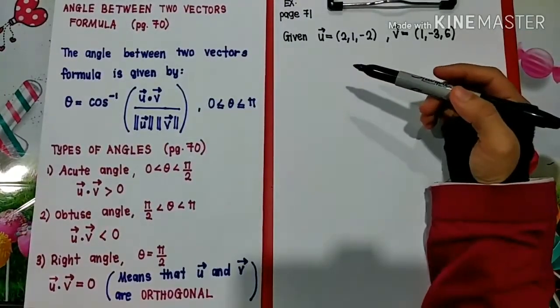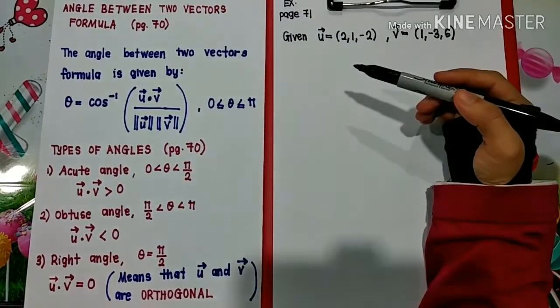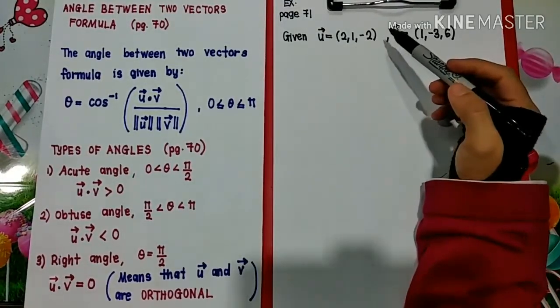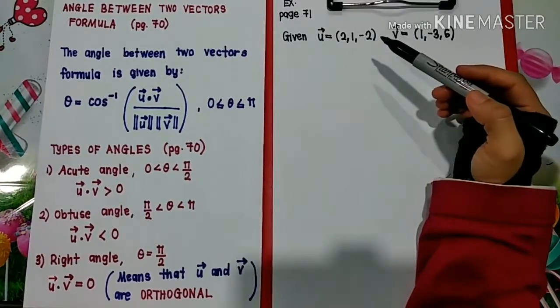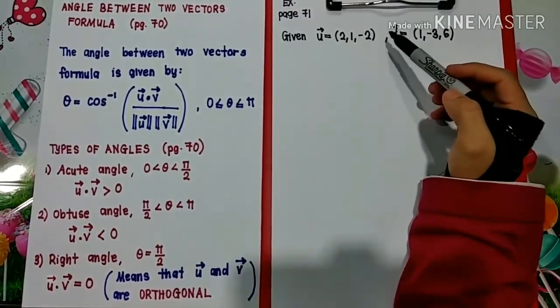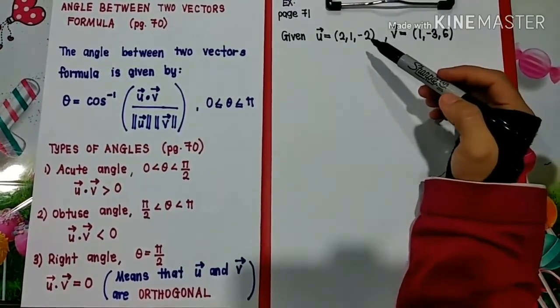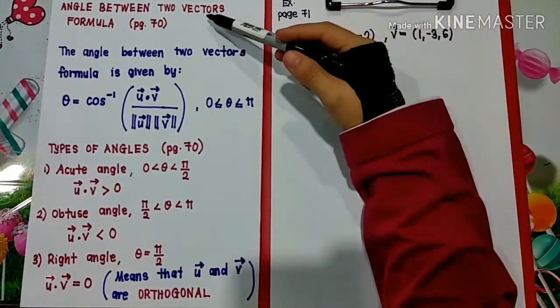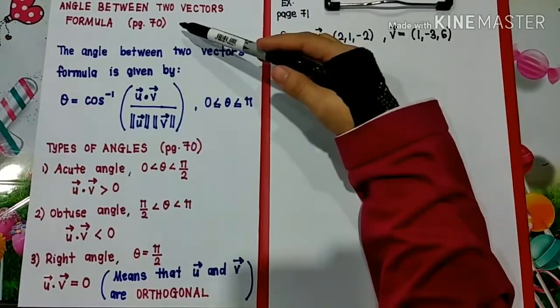Okay, next we solve the example on page number 71. The question gives two vectors, u and v, and asks to find the angle between vectors u and v, and then state the type of angle. So you need to find the angle. To find the angle between two vectors, please refer to your textbook page number 70.